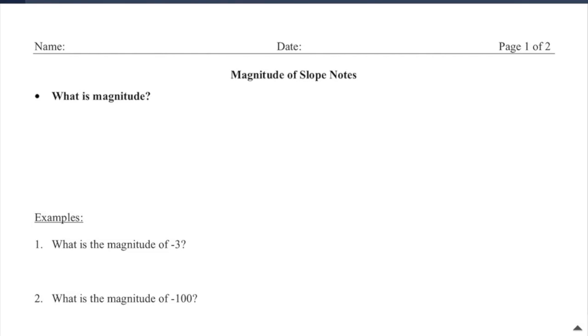In this video, we're going to talk about magnitude of slope. Before we can talk about magnitude of slope, we need to talk about magnitude. Magnitude is the distance a number is from zero. This is also known as the absolute value of a number.